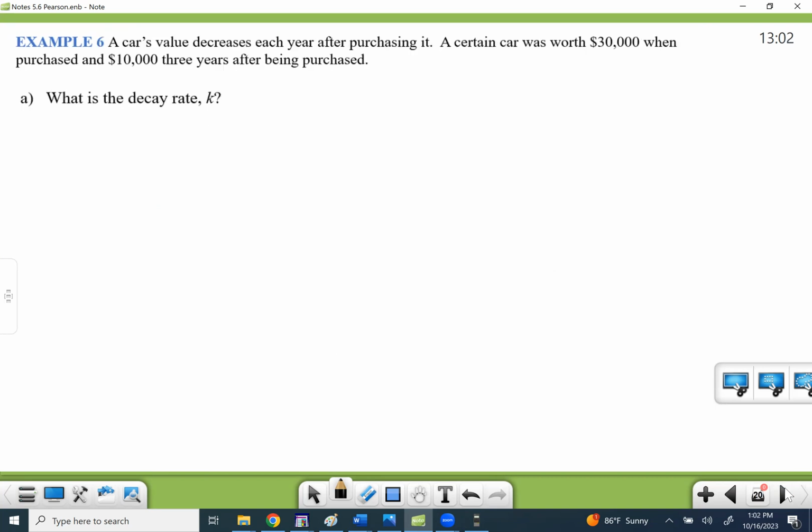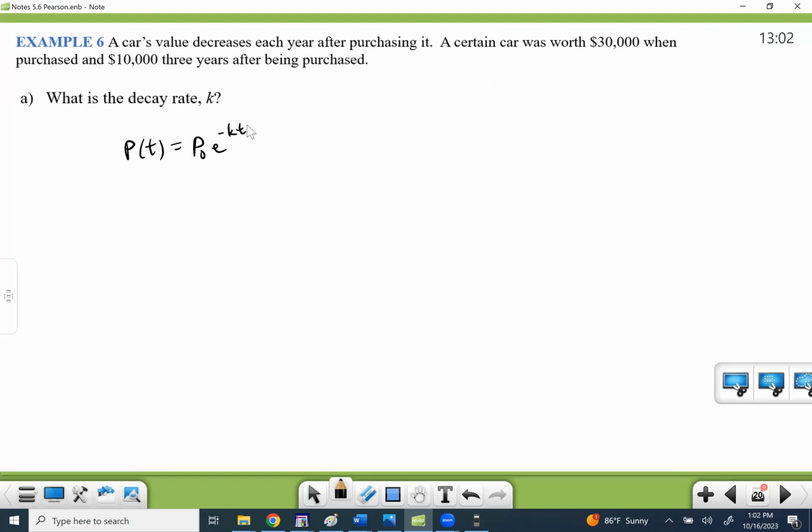Another decay. So in this case, it's talking about a car's value decreasing each year after purchase. So you would know you would be using a negative on the K. You would know that this would be a decay problem. Okay. Says a certain car was worth 30,000 when purchased and 10,000 3 years after being purchased.